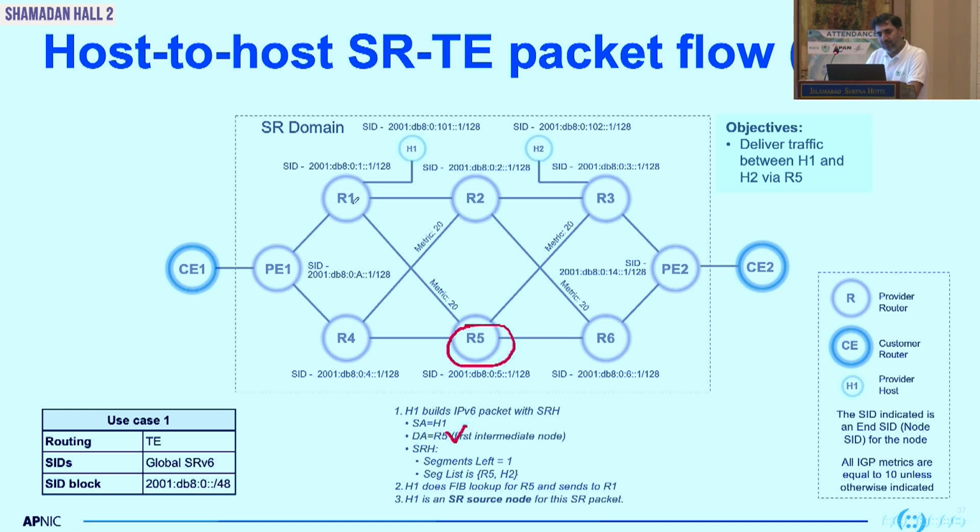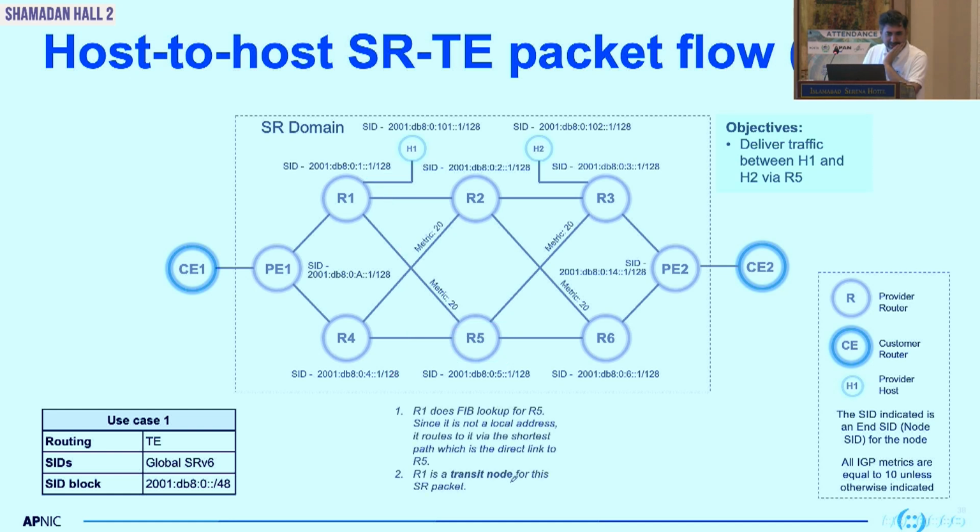Once it reaches R1, the destination address is R5, which is not the same as R1's local address. So it will just do a lookup and send the packet towards the R5 router. Once the packet reaches R5, it checks that the destination address is the same as its own address.